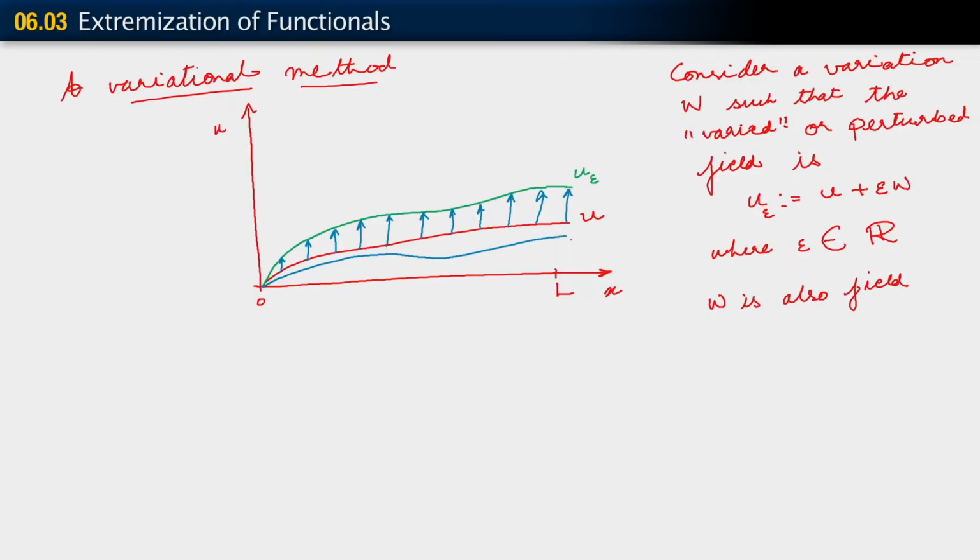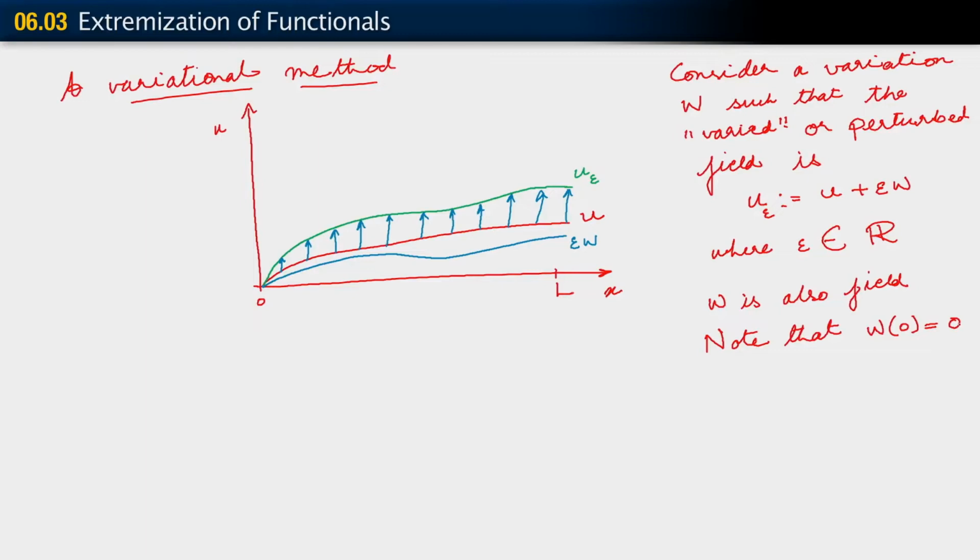So this is epsilon times W. Now remember, epsilon is a real number. What is that telling you about W? Note, definitely the way I've drawn it at least, W of 0 equals 0. Okay.